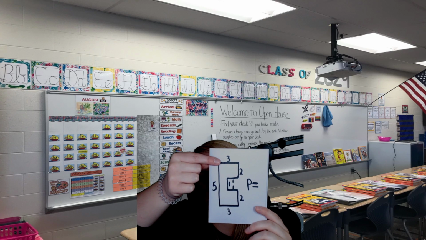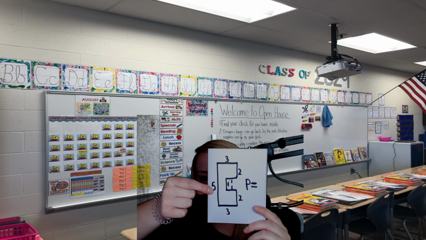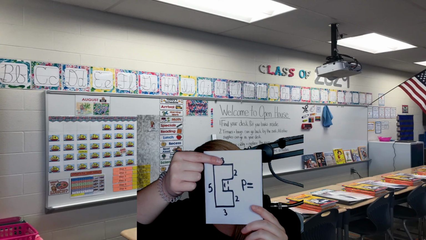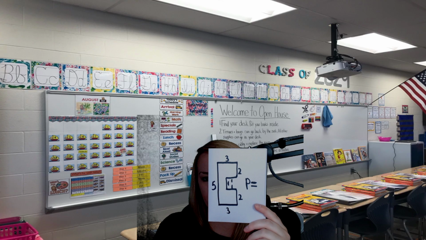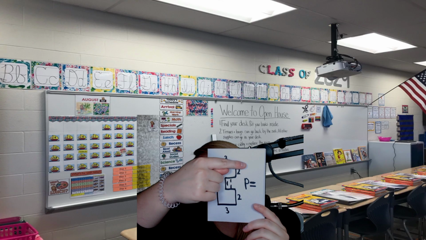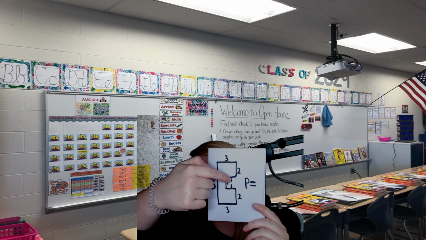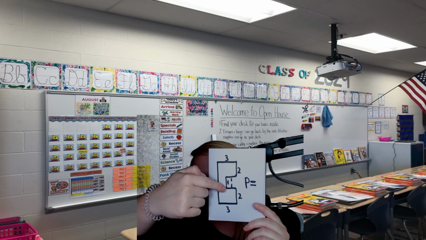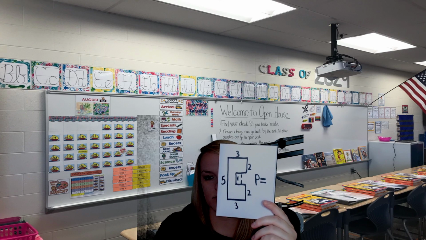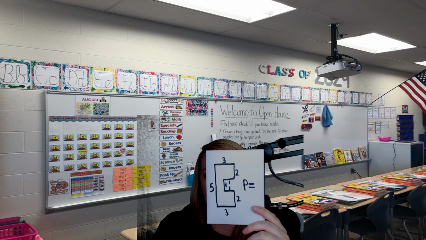The long up and down side, you're going to label 5. The top and the bottom are 3. These sides are 2. And then the part that cuts in, this is 1, this is 1, and this is 1. Okay, you're going to draw that.